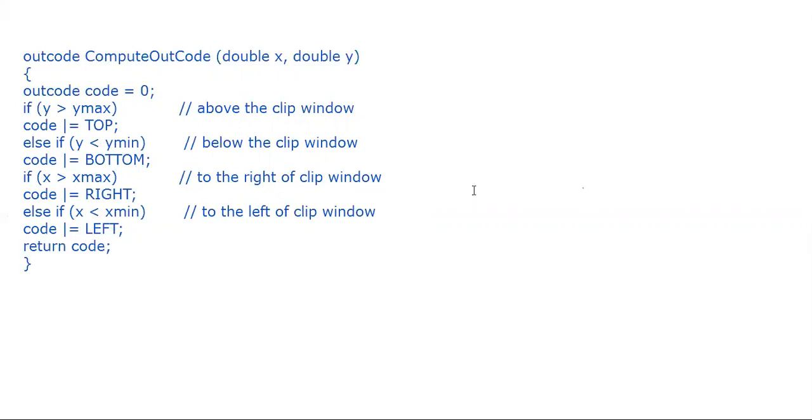We will see with the diagram how it actually works. I will draw a drawing here. Let's consider this is a window. Now I will draw a line over here. You can see this line is above y max.